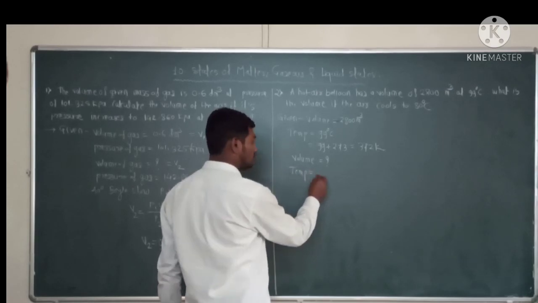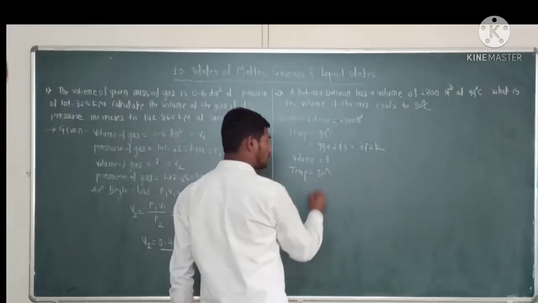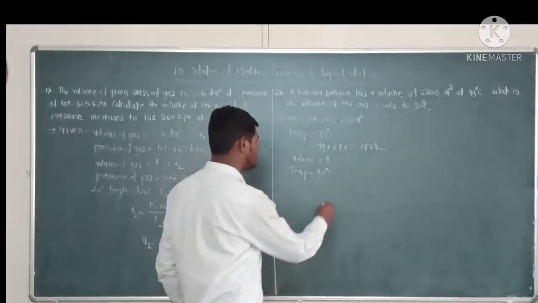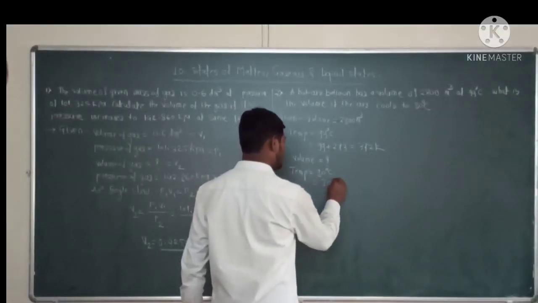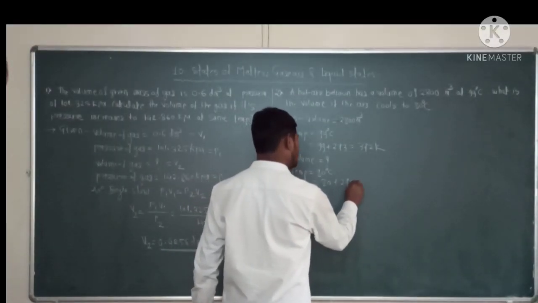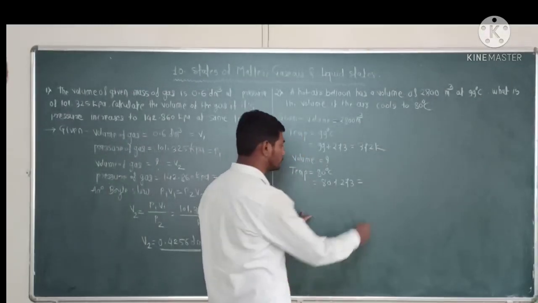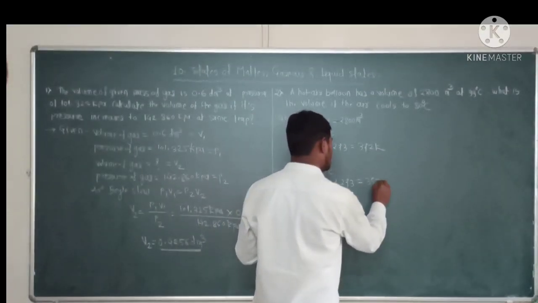If the air cools to 80 degrees Celsius, that is the second temperature. Temperature is equal to 80 degrees Celsius. Convert this temperature into Kelvin, that is 80 plus 273 is equal to 353 Kelvin.